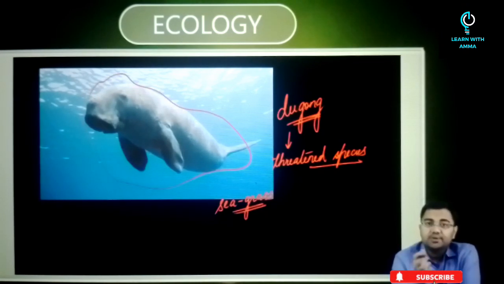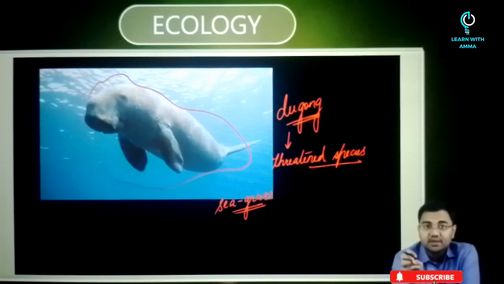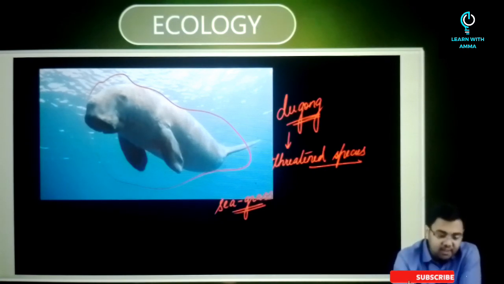So this is what happens. Animals such as dugong, which have very specialized niche, are more susceptible to extinction than an animal which would have a very generalized niche. Generalized niche applies to species which can exist in a very broad range of conditions. Humans are best examples of species with generalized niche. You have other animals also which have generalized niche.